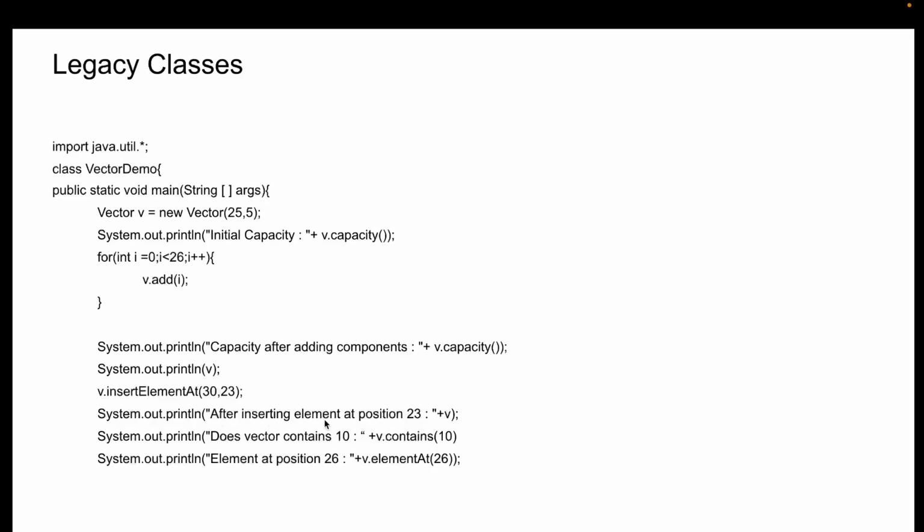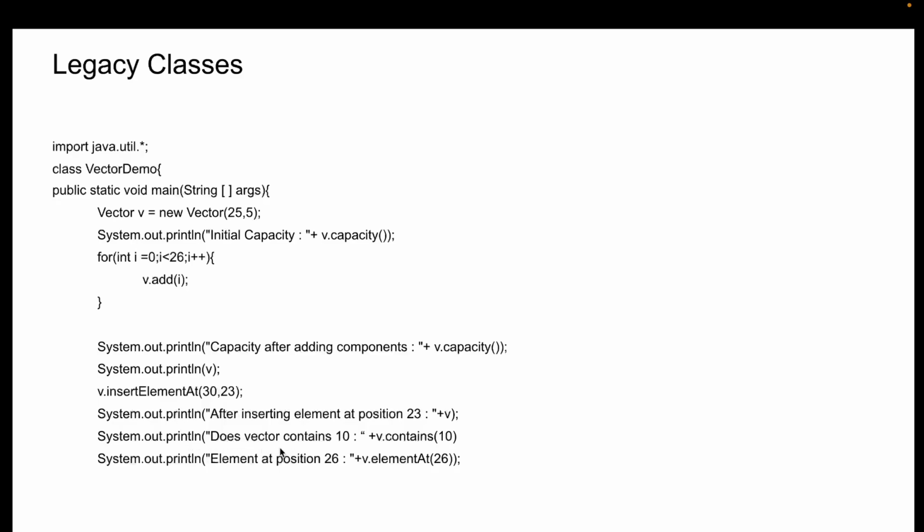So see, after inserting an element at position 23, what you did was v.insertElementAt, so 30 is the value inserted and it is inserted at position 23. This vector had some size, and at a particular index like 23 you are inserting a value 30. So this is how you can insert an element.